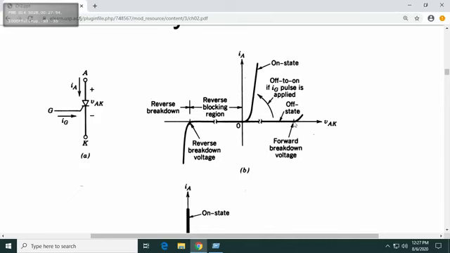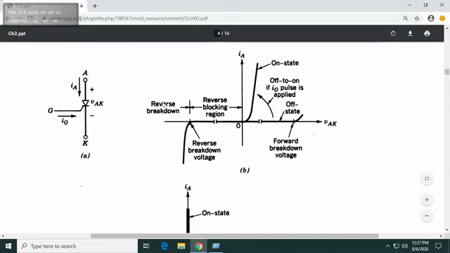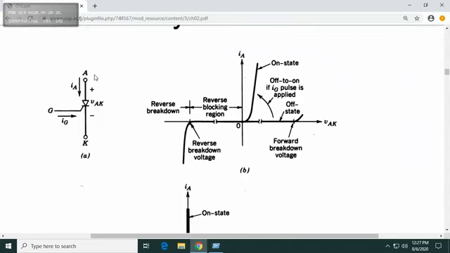What happens? The thyristor is destroyed, and that point is called the forward breakdown voltage. If you just get the thyristor and start supplying power to A, you will reach this forward breakdown voltage where the thyristor collapses and then the voltage starts increasing according to the voltage at A. So we don't want to go there.